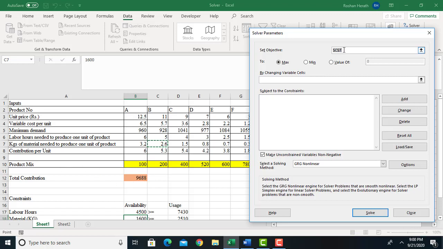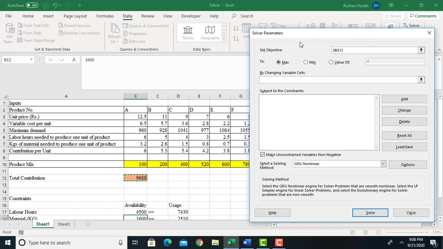So therefore you are going to set your objective by clicking on this. You can select the total contribution. And what you want to do with that, you can either maximize, minimize, or even you can take that equal to a particular value. But out of these options, here we want to maximize the profit.